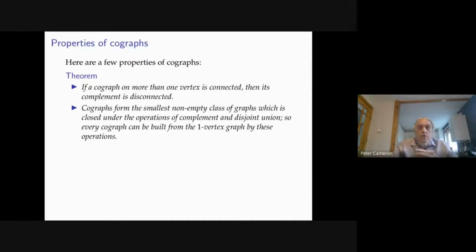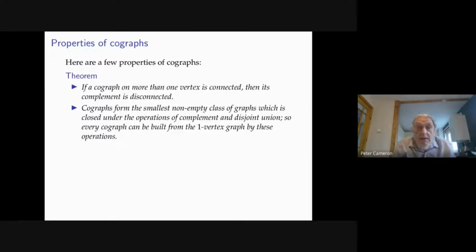And of course, it's also true that a disjoint union of cographs is a cograph. You can't create a path on four vertices by taking disjoint unions of graphs unless they already contain one. So cographs actually form the smallest non-empty class of graphs closed under the operations of complement and disjoint union.